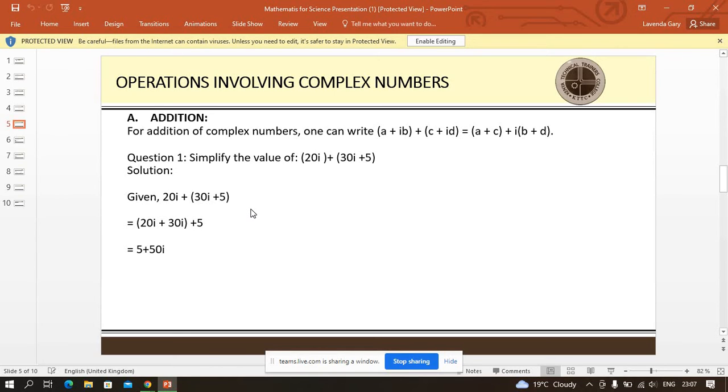Now, let us have a real example. As you can see above, 20i added to 30i plus 5 shall give us what? Joseph, 20i is a number on its own, and 30i plus 5 is also a number. What is the real number in 20i?